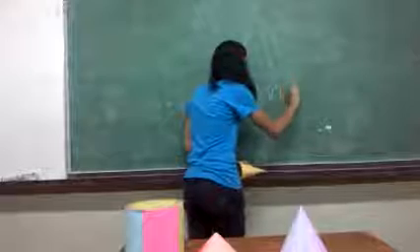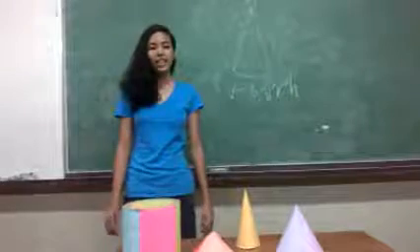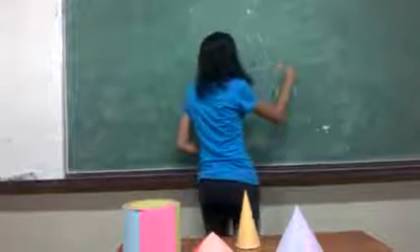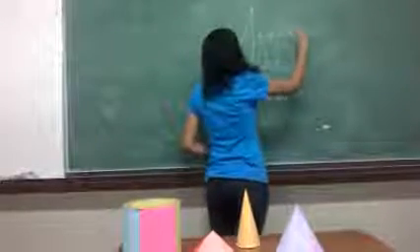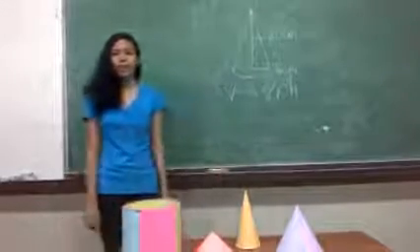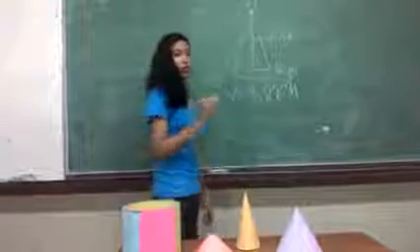The third cone has the same formula as the two previous cones, which is volume equals 1/3 pi r squared h. The cone has a given measure of 5 cm in radius and 20 cm in height. Now, let's substitute all the values.